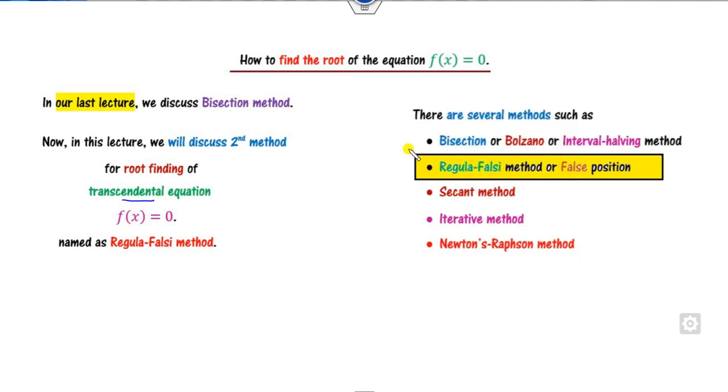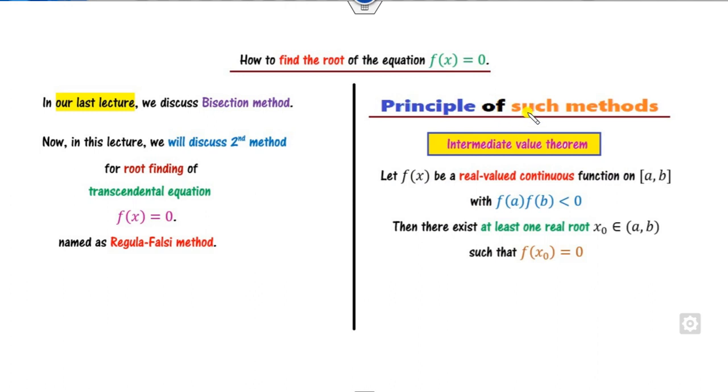In all of these methods for finding the root of f(x) = 0, the principle behind them is the intermediate value theorem. It says that if f is a real valued continuous function on the closed interval [a, b] such that the values at its endpoints are of opposite sign, then there exists at least one root between a and b such that f(c) = 0.